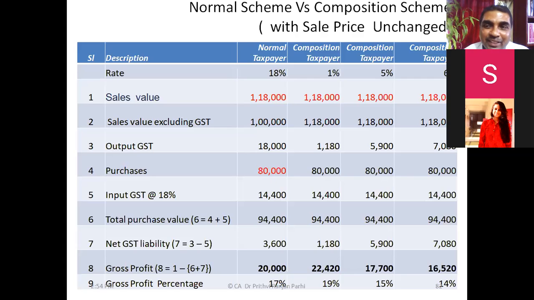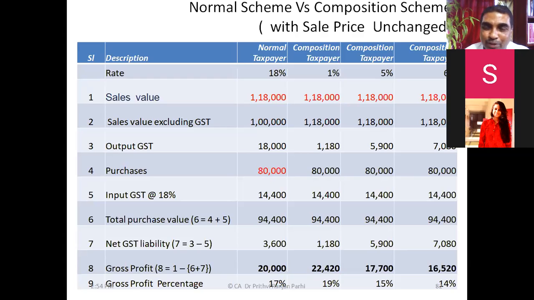If I'm a composite dealer, then I may make a consolidated bill of 1,06,000, because out of that 1,06,000, maybe 6,000 I'll be paying as my composition GST. The balance is mine.